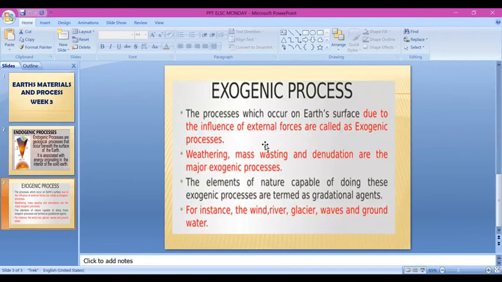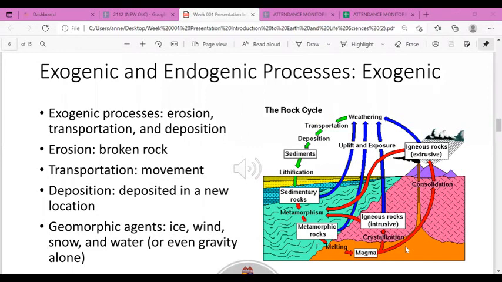Some examples of this are weathering, mass wasting, and erosion, which are with the help of wind, rivers, glaciers, groundwater, and also with the help of gravity. The gravity alone helps these kinds of processes.